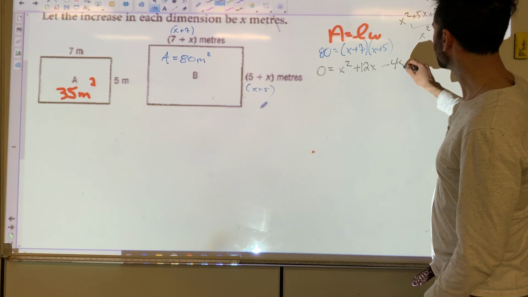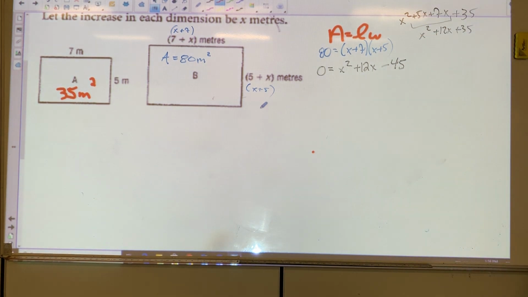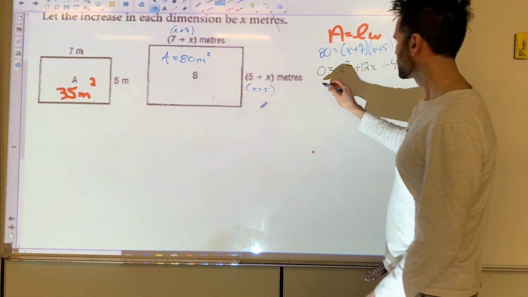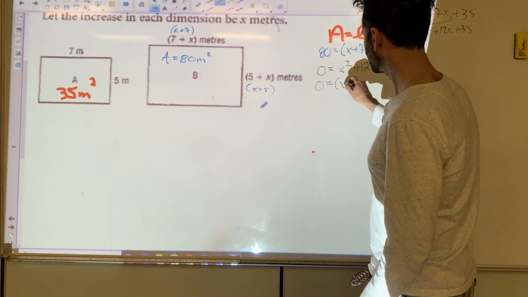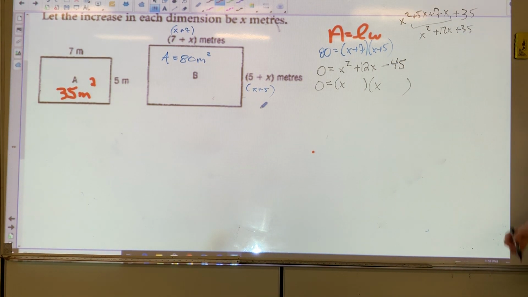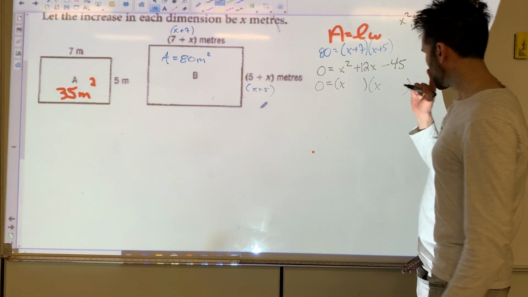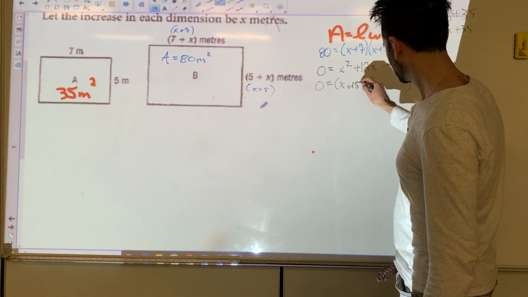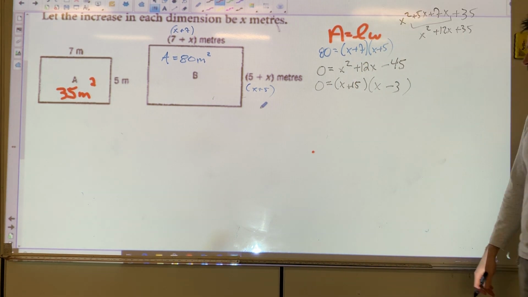Very good, negative 45. Now I can factor this. We need two numbers that multiply to negative 45 but add to 12. 15 and negative 3, very good.